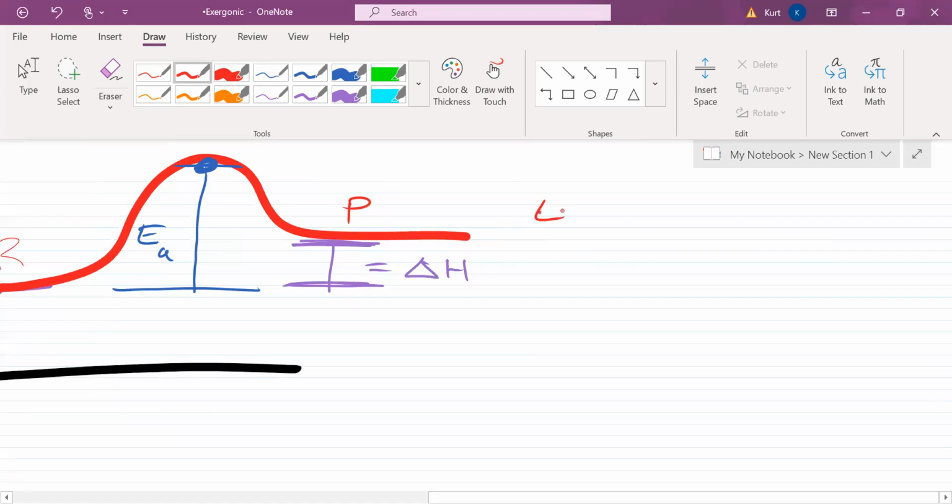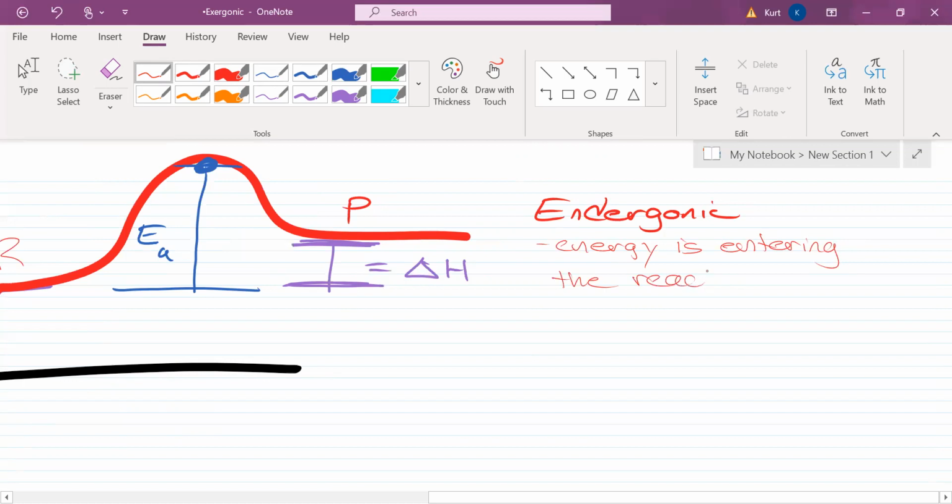So the first thing I want to make sure we get written down is this reaction is endergonic. This means energy is entering the reaction. Next, if delta H is positive, then delta G is positive, and that means the reaction is non-spontaneous.